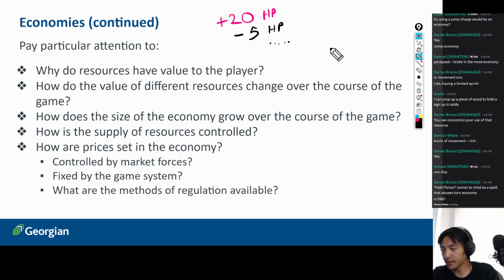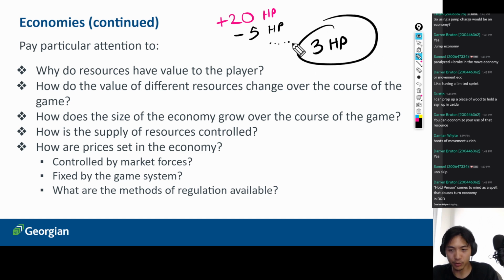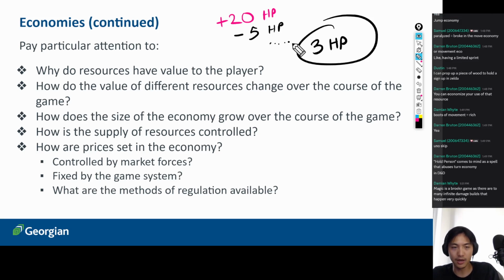But at some point later, if you have 3 hit points left, now every one of those counts. Every one of those is really important. Every one counts. So it seems to feel like it increases in value because of a decrease in quantity, because you have far less.